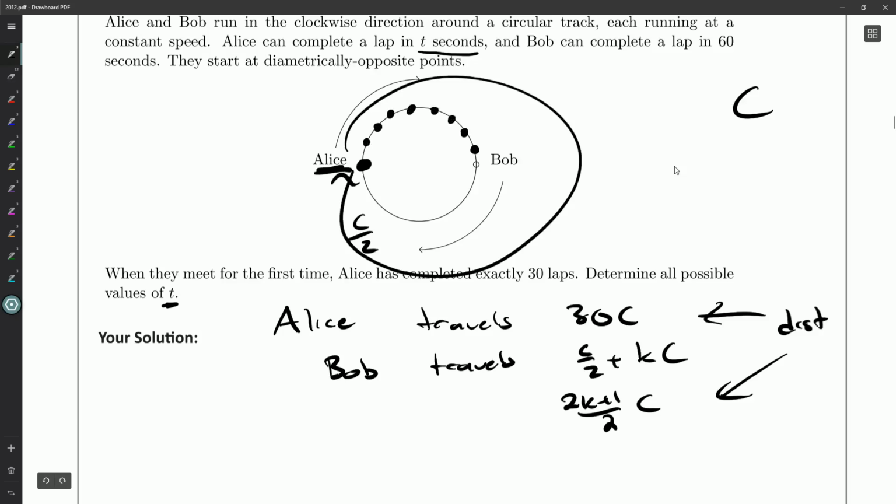Of course, if she's slower than Bob, Bob will slowly be catching up, and this is what she would see each time she completes a lap. So there's probably exactly two answers, one where Alice is faster, one where Alice is slower, but I don't think there's going to be any more than those two, because they have to meet for the first time at the 30th lap.